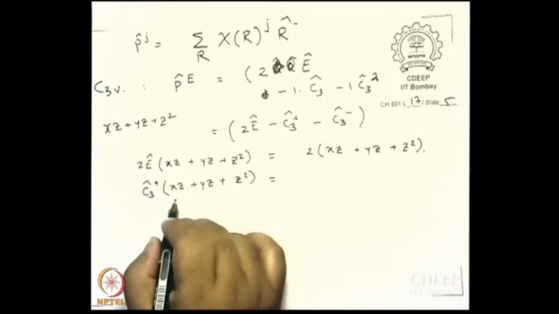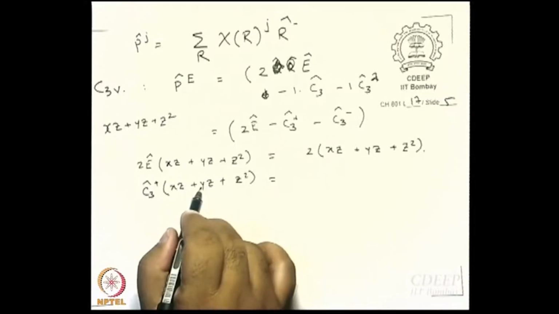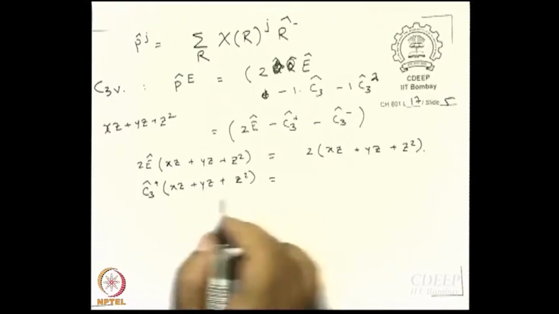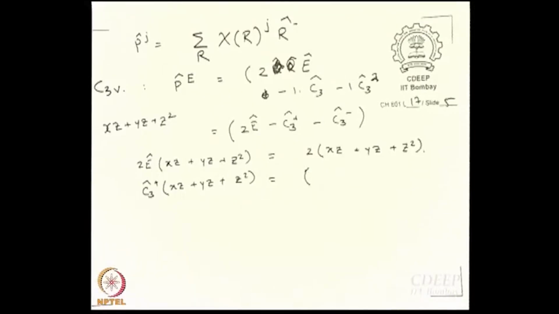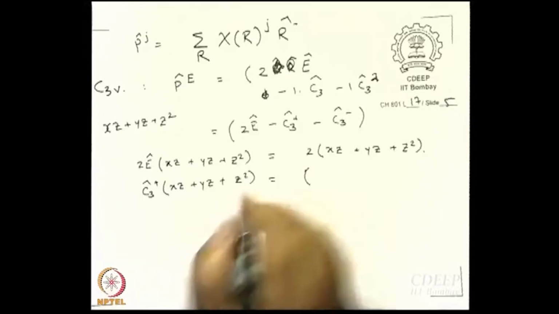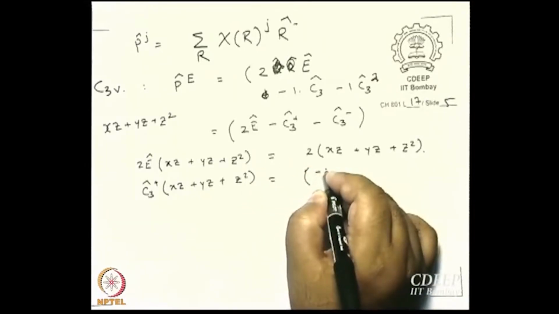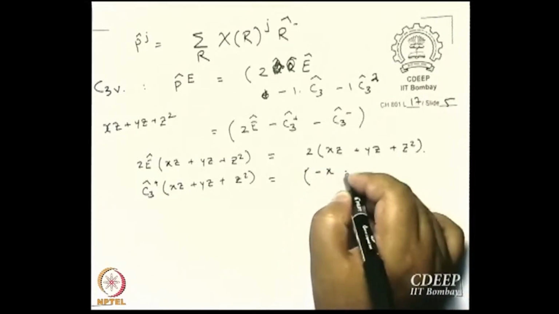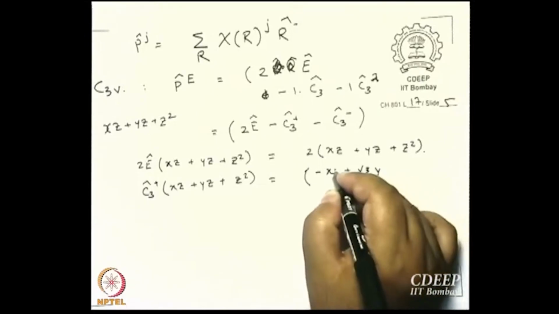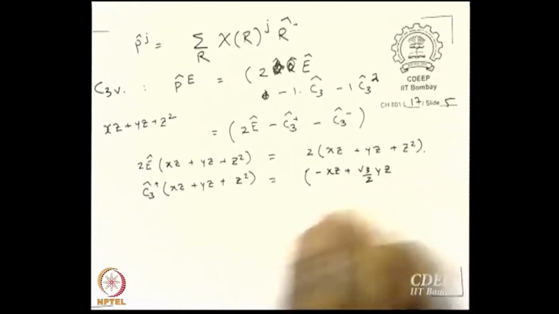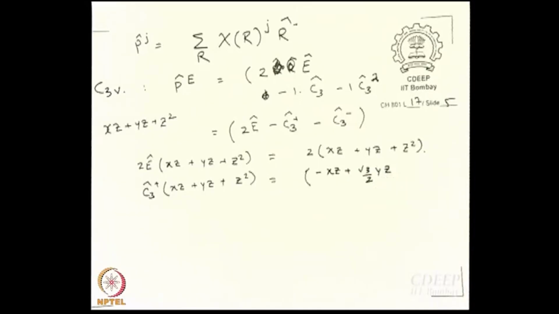So all you have to consider is how this x and y transform, isn't it? So what will it be? C3 plus operating on x, what do you get? Minus half into x plus root 3 by 2 y. I will just write the z's.